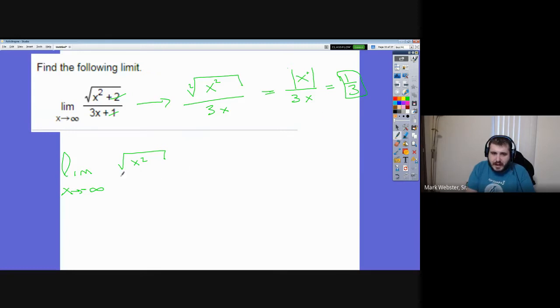So if this was going to negative infinity like this, technically it would be negative 1/3 for the answer, right? Because this would go to negative and this would stay positive. So just be aware. I'm not saying this is going to be somewhere, but it came to my mind, so it had to have come to some other person's mind. So just be aware.